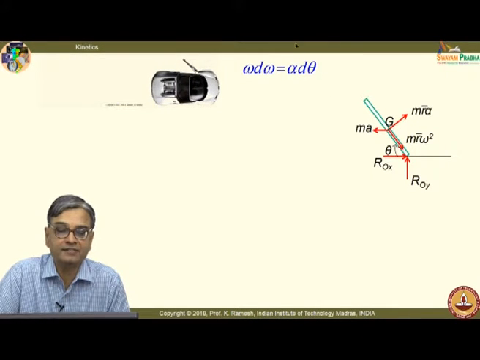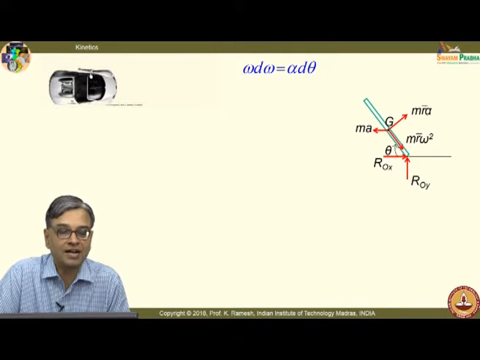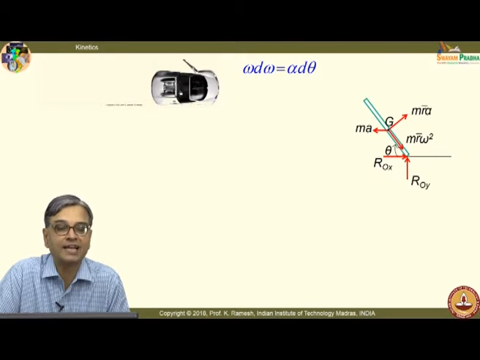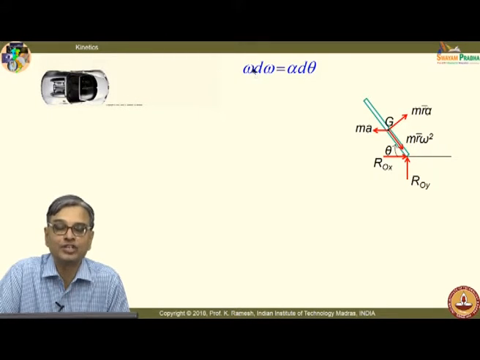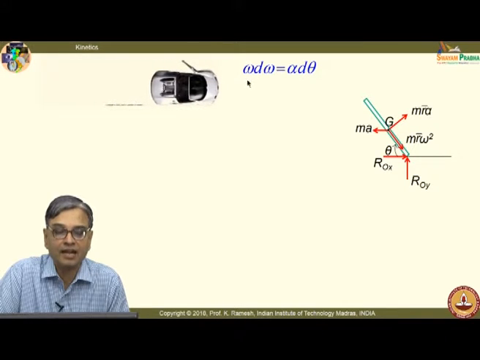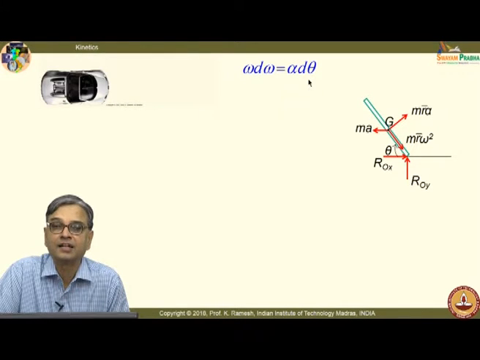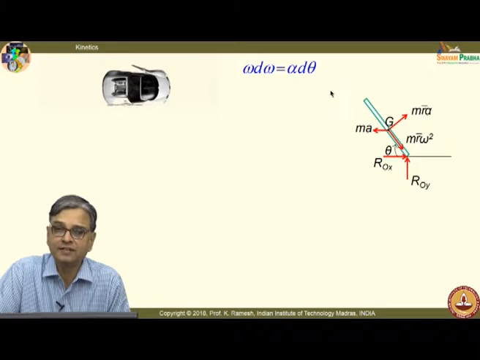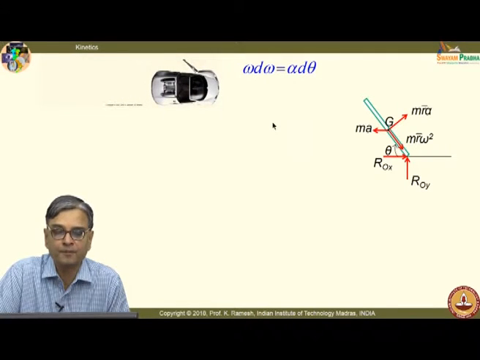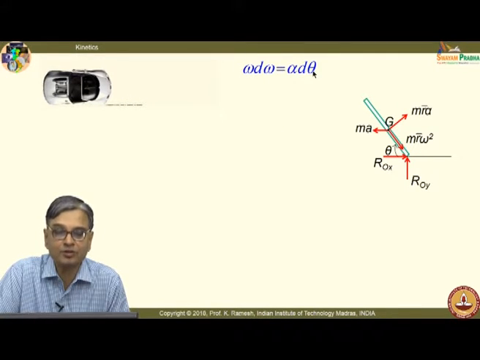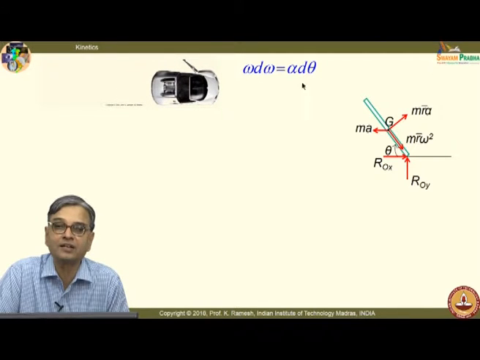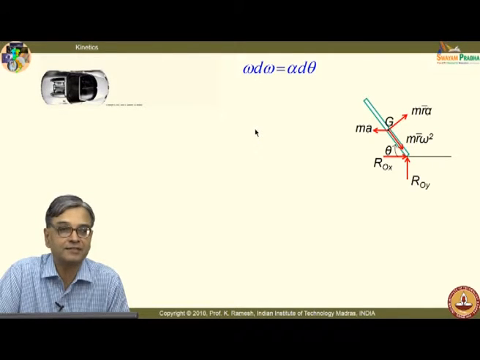And we have already discussed the door starts from rest. So, it has omega is 0 to start with, it acquires angular velocity because of the motion, and this expression you have learnt long back in your particle dynamics.